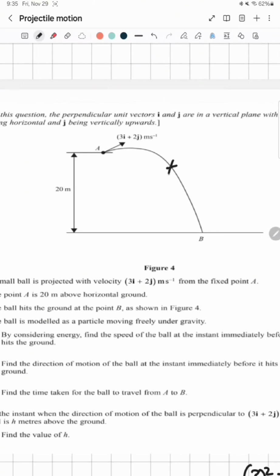Now we found the speed, so using energy, we can find this distance, and then subtract it from 20 to find the height above the ground.